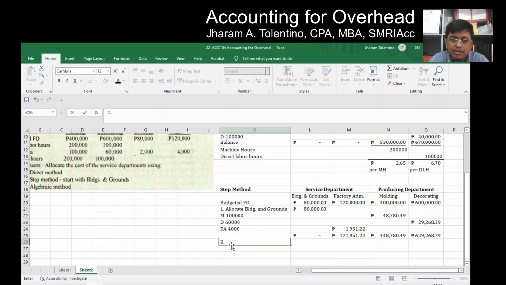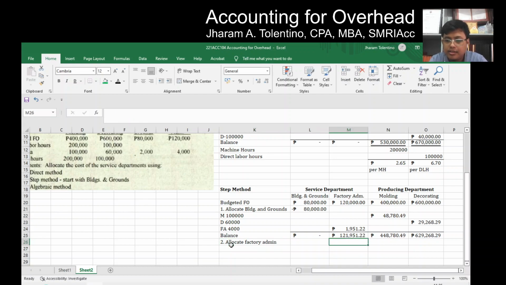So, number 2, allocate factory admin. Okay. So, this is minus 121,951. Hindi ko kasi mabasa.